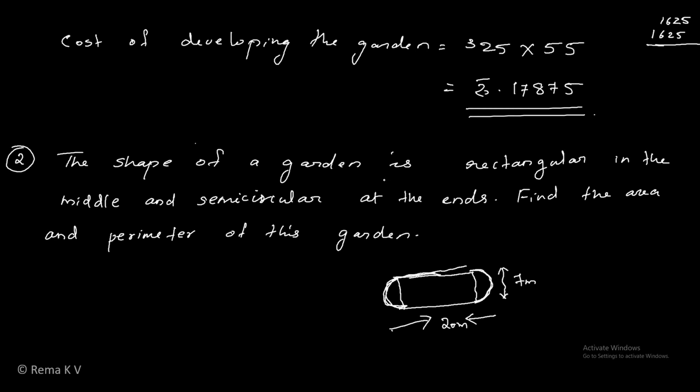The shape of a garden is rectangular in the middle and semicircular at the ends. Find the area and perimeter of this garden.